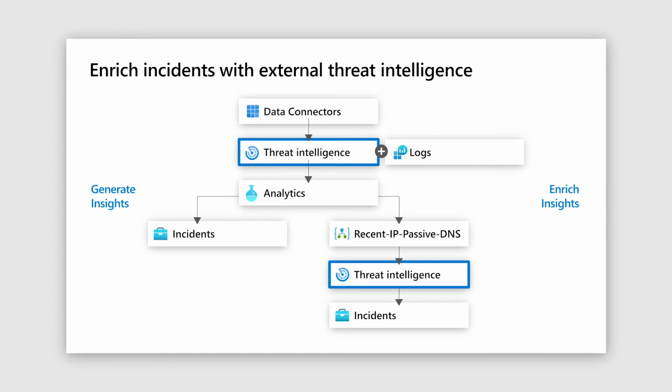And what that allows you to do is enrich those incidents at runtime, so that the very first time any of your investigators open up an incident to triage it, they're already going to see the information from RiskIQ's passive DNS right there in the incident. So they don't have to do any further research. They've already got that great information right there in line in the incident. So it saves them a bunch of time in some of the steps that they would normally have to do each time an incident was generated.